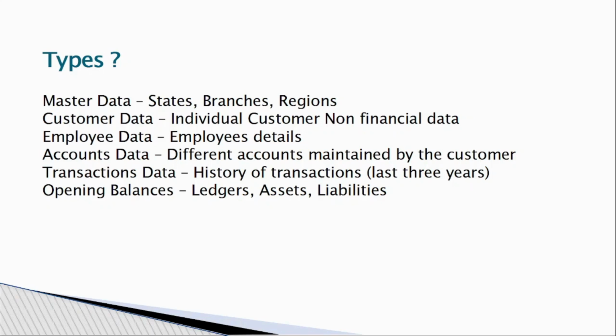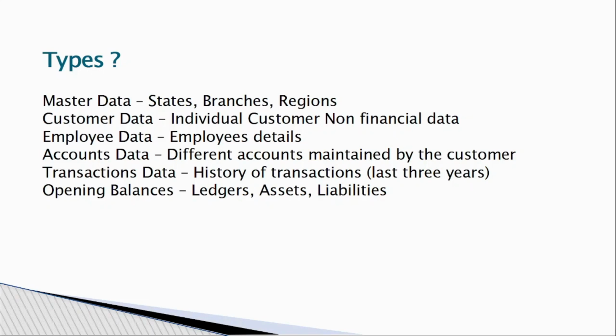Employee data: all employees working in Andhra Bank will be moved to Union Bank. All the accounts information, customers having different accounts, savings account, current account, FD, RD, all this will be moved from Andhra Bank to Union Bank. Transaction data: they may consider the last 3 years, 5 years, or 10 years of data to be migrated.